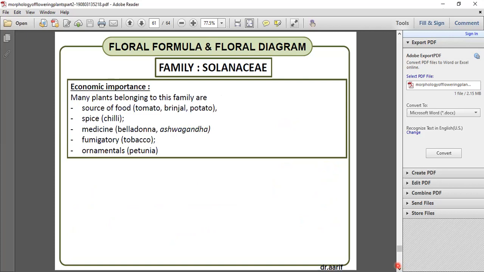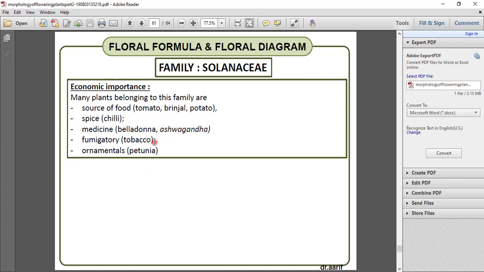To economic importance. I told you that this family comprises tomato, brinjal, potato, so it is obviously a very good source of food. Spice, that is chili, also belongs to this family. Ashwagandha and belladonna of the Solanaceae family are medicinal plants with a high amount of medicinal properties.